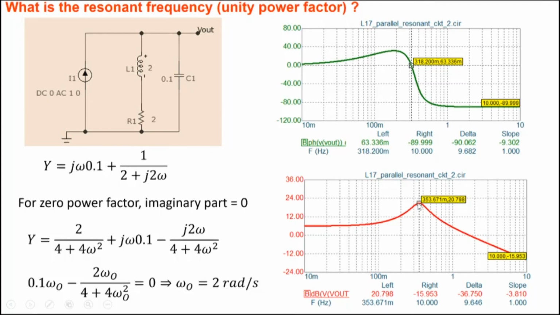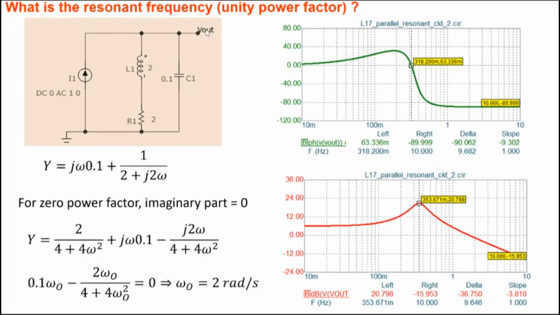So the two are not the same. Many times when we refer to the resonant frequency, we'll say it is the unity power factor frequency, where the phase angle between the current and the voltage is 0, or the zero phase frequency here. But it need not coincide with the point where the amplitude reaches its maximum.